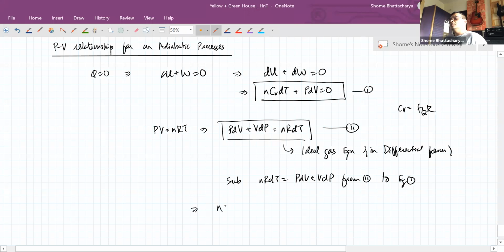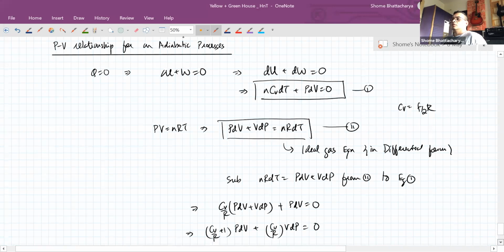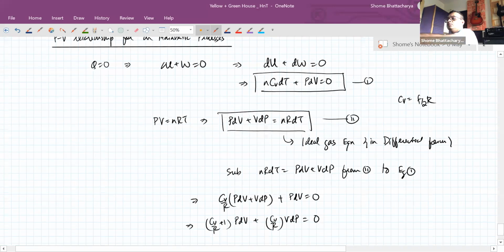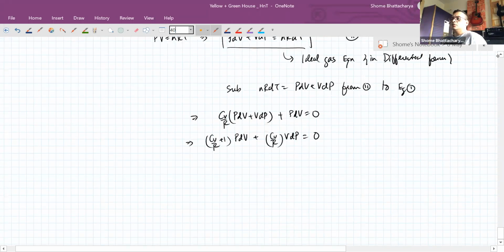So we write this as Cv by R into P dV plus V dP, plus P dV is equal to 0. So we have Cv by R plus 1 into P dV plus Cv by R into V dP is equal to 0. And from here on, it's a very obvious kind of process further.